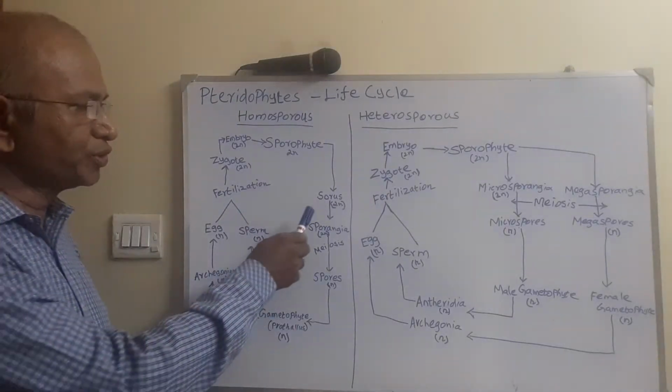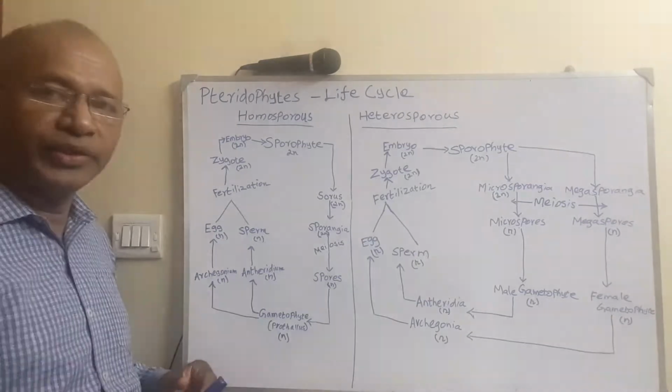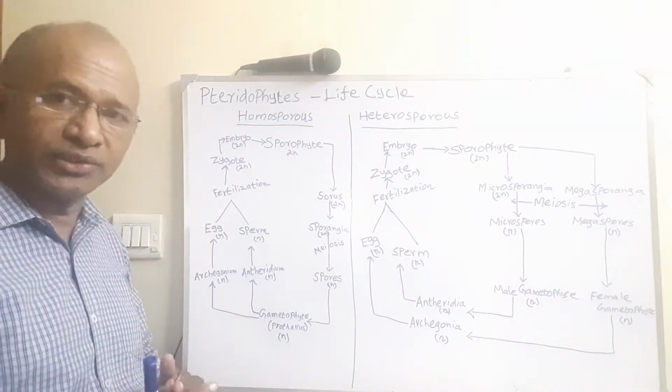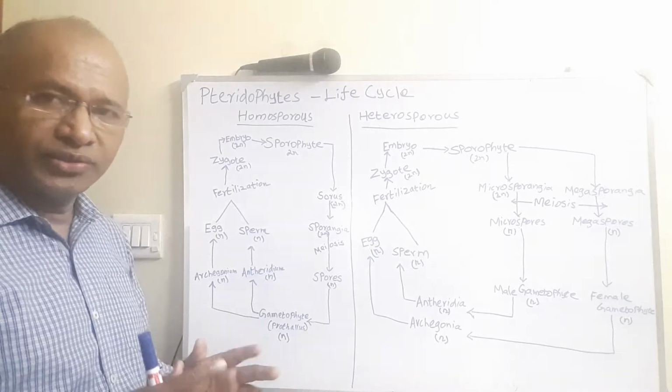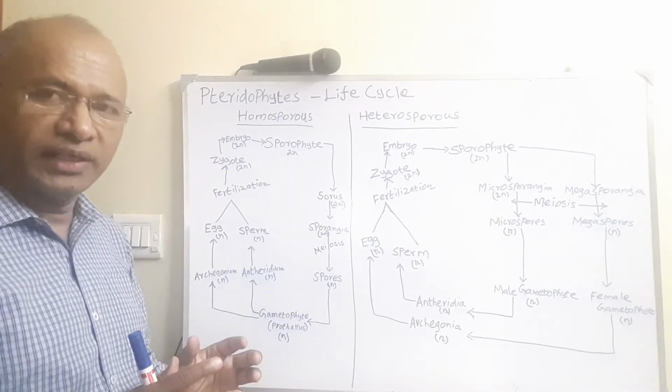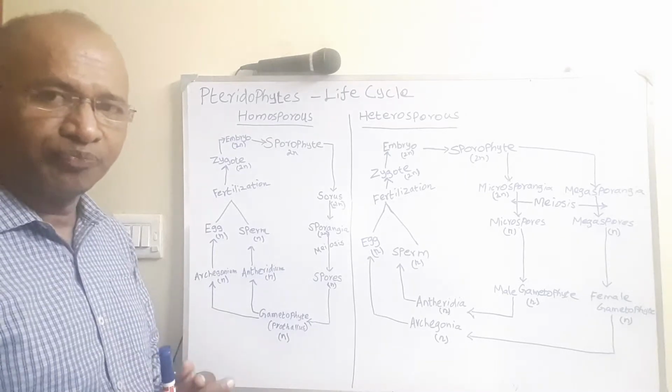So they produce an important structure called sorus, S-O-R-U-S. So what are sori? Sorus is a structure which encloses sporangia.